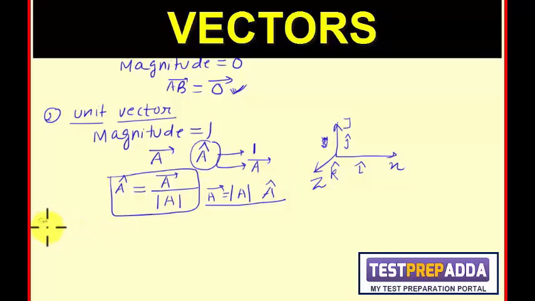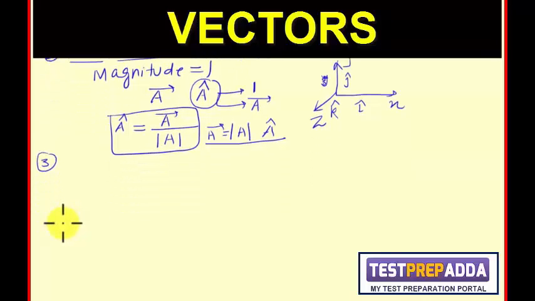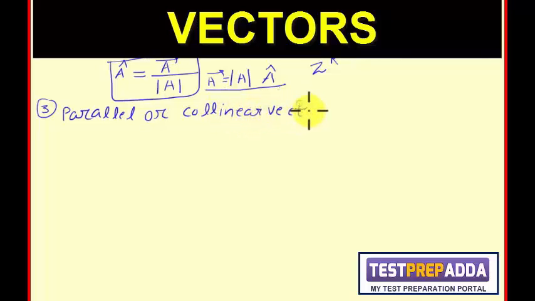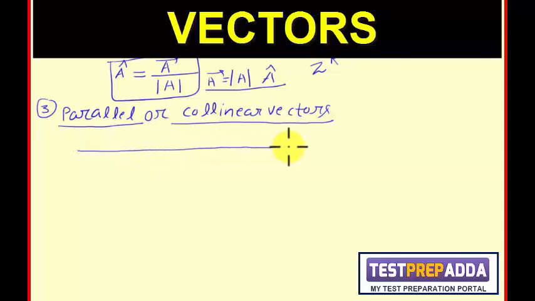Now I'll talk about another type of vector, and that is parallel or collinear vectors. Consider this as the line of support.